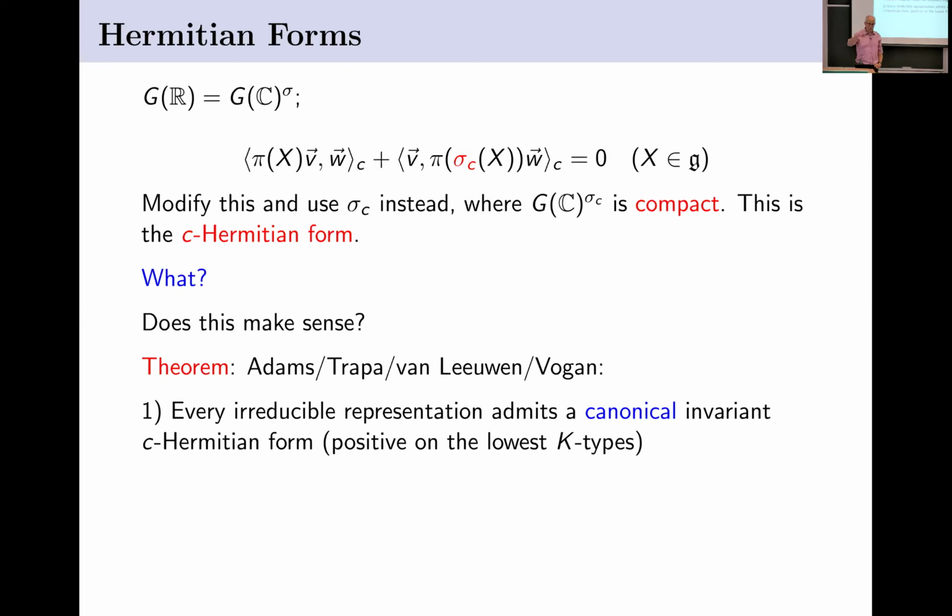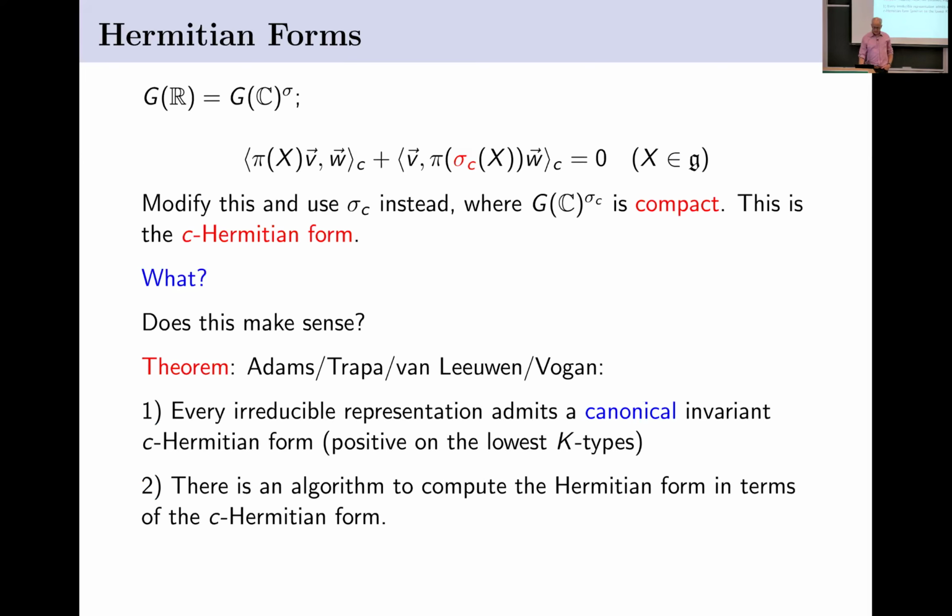And canonical means you make them positive on all of the lowest K-types. And there's an algorithm to relate the Hermitian form to the C form, to go back and forth. Without that, you'd just be doing something formal and ridiculous and meaningless. But if you compute the C form, you can then use a formula to compute the honest Hermitian form.